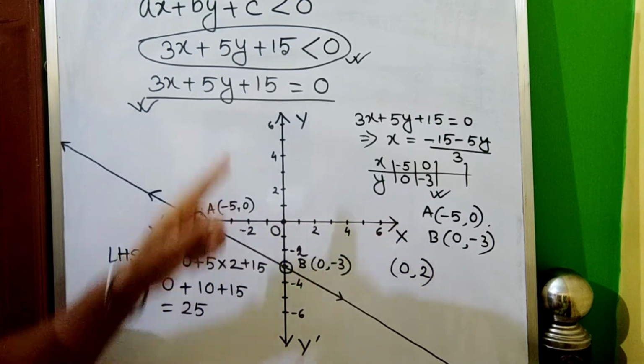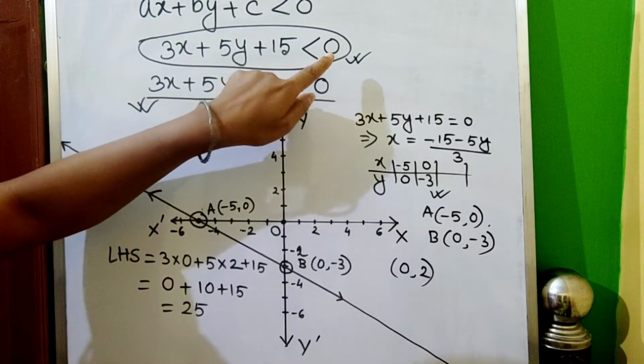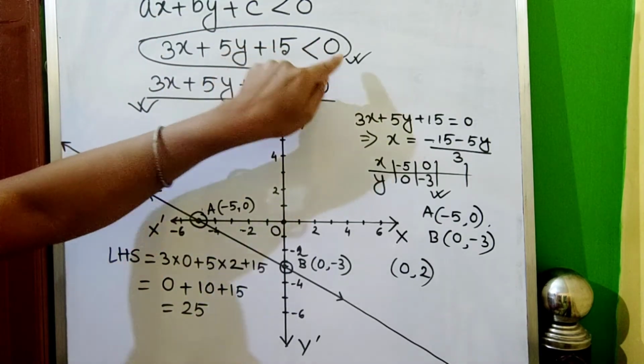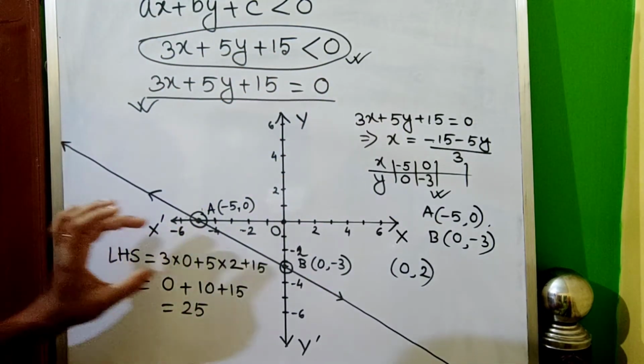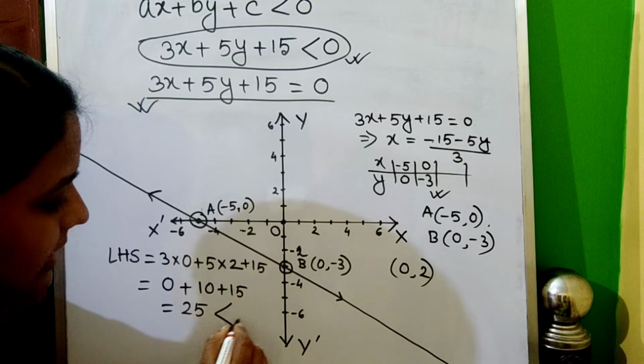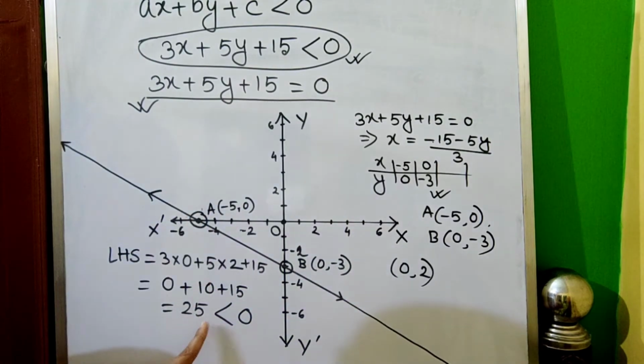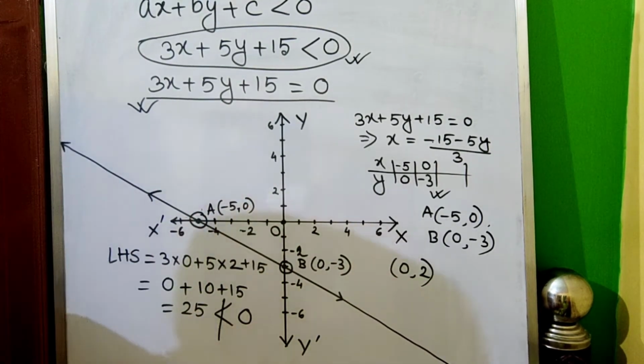Now we look at the right hand side. The left hand side must be less than 0. Is it less than 0? We have got the left hand side's value 25. Is it less than 0? No, it is not less than 0.